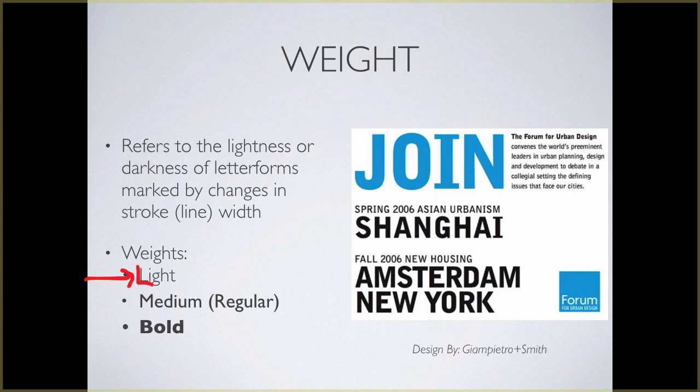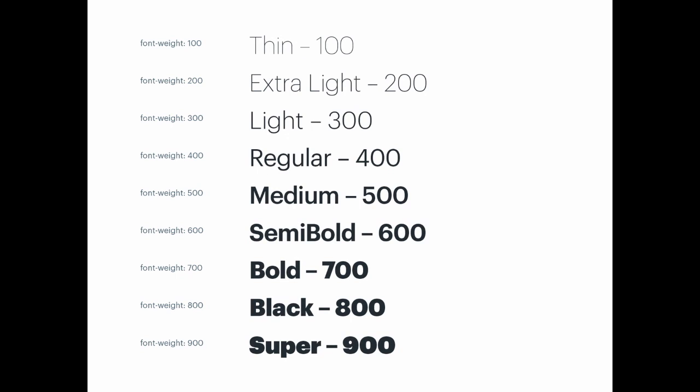So the line is thin. That's the weight. The medium is a little bit thicker there, and the bold is the thickest. So we're just controlling how thick the lines that make up the font are. It has nothing to do with the shapes of the letter forms. It's just the thickness of the lines that make up the fonts.